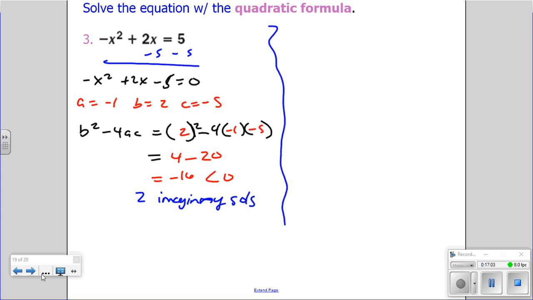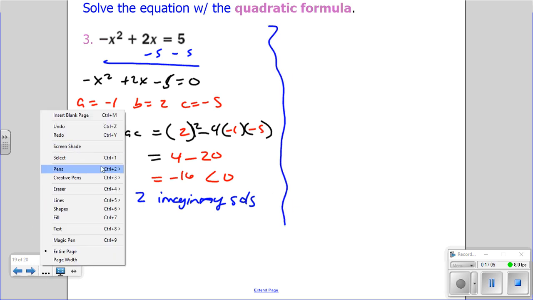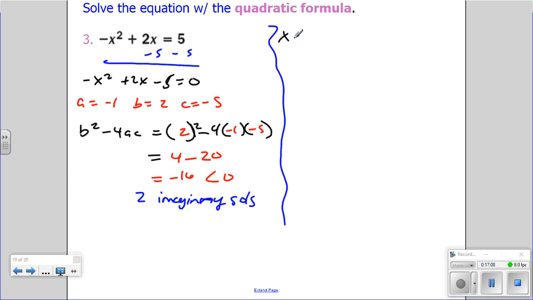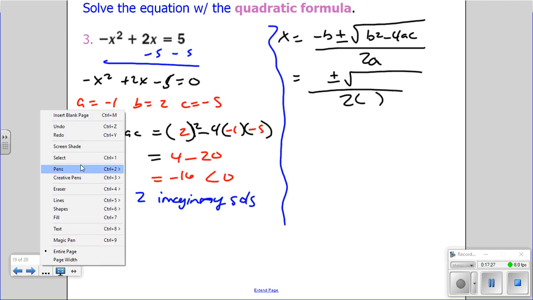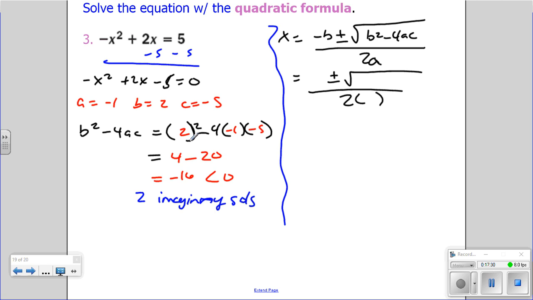So let's find them. X equals opposite b plus or minus the square root of b squared minus 4ac all over 2a. Okie doke. So b is 2, so the opposite is -2. The discriminant was -16.